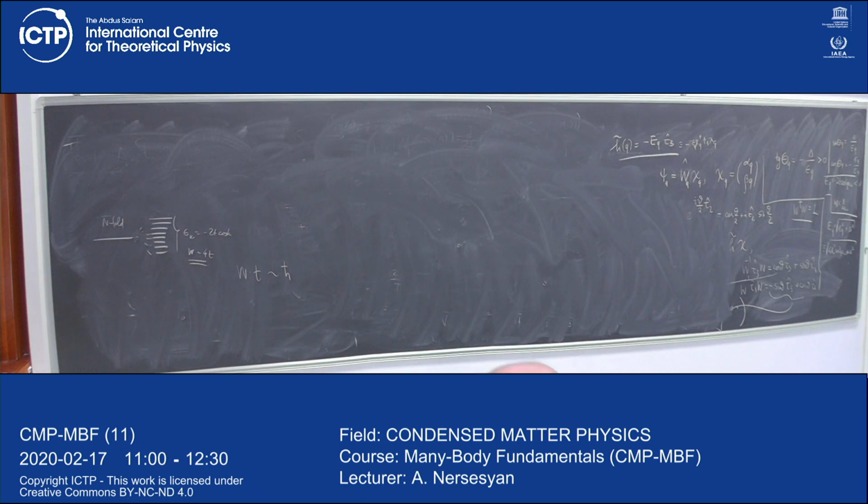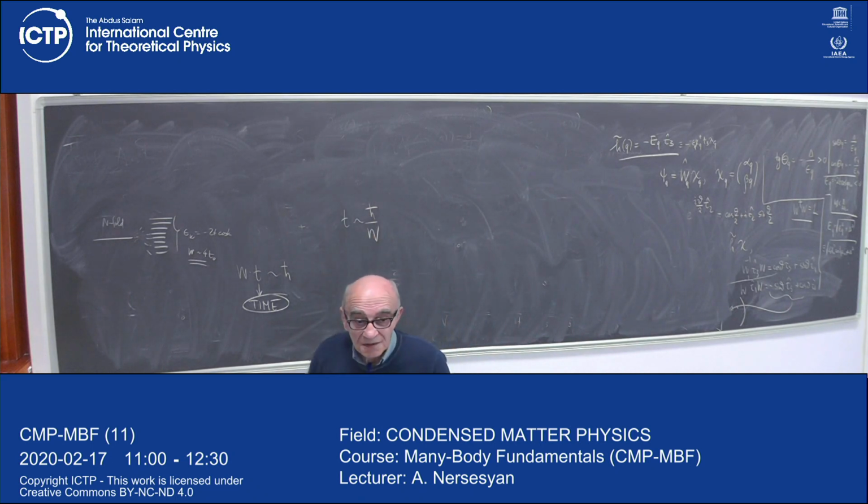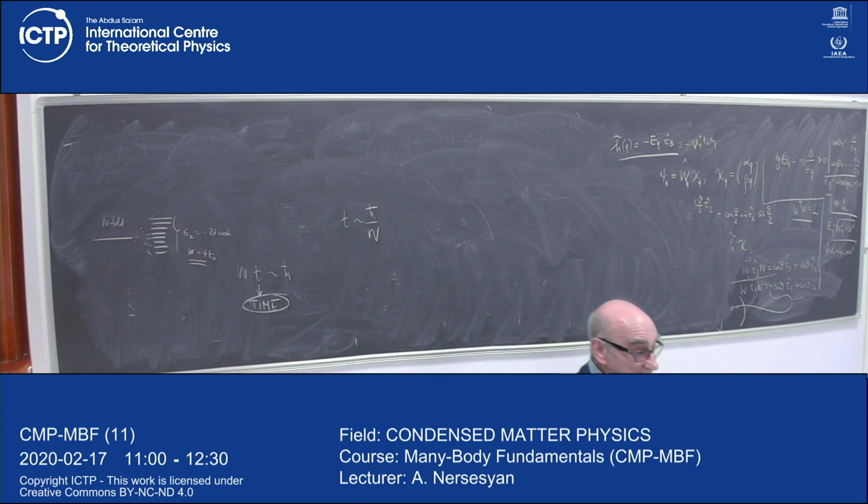So if I switch on a finite W, I have to apologize: this is T naught and this is T, this is time. I'm sorry, bad notations. But if W is non-zero, the quantity T, defined as h divided by W, is roughly the finite time spent by an electron at its own lattice site, where it comes from.